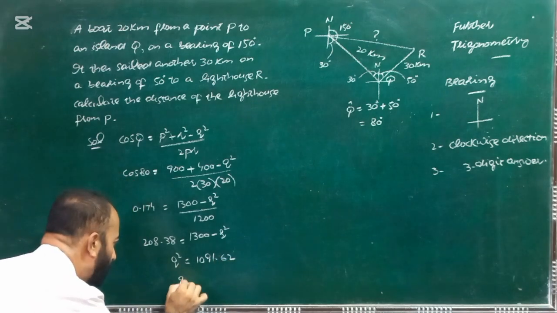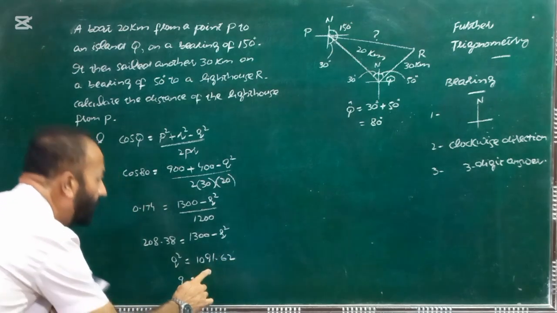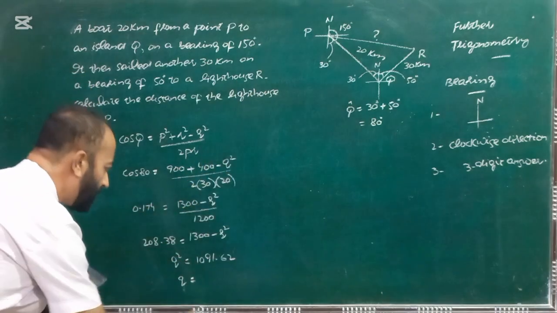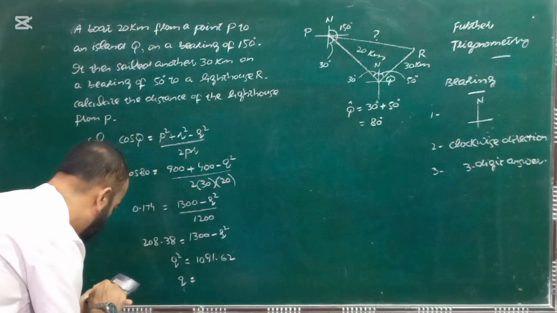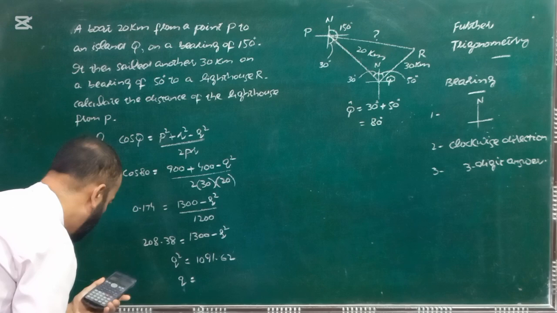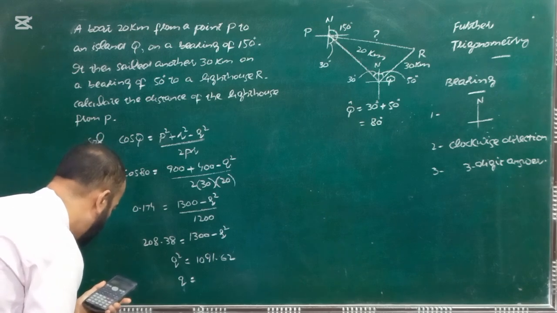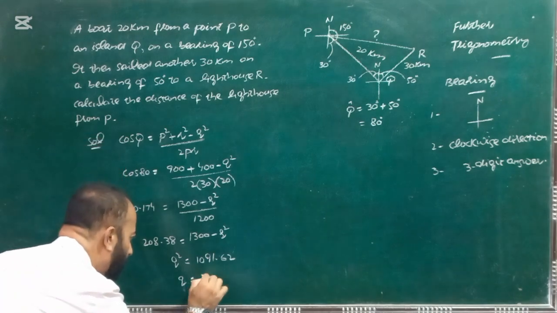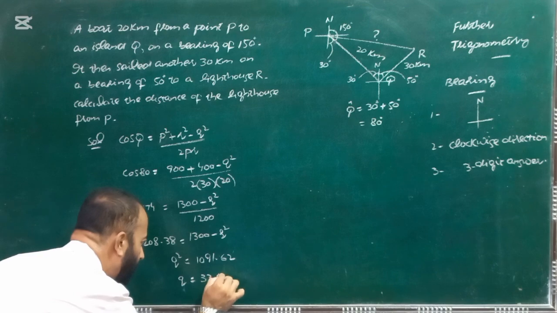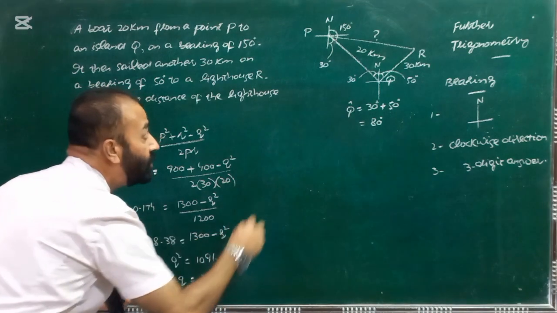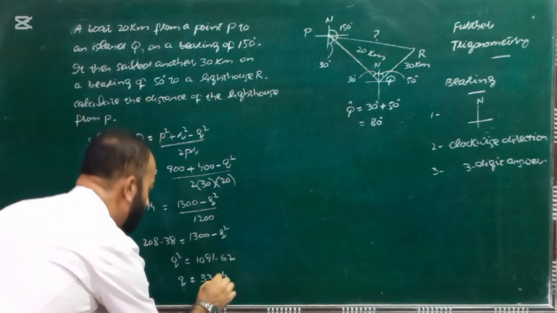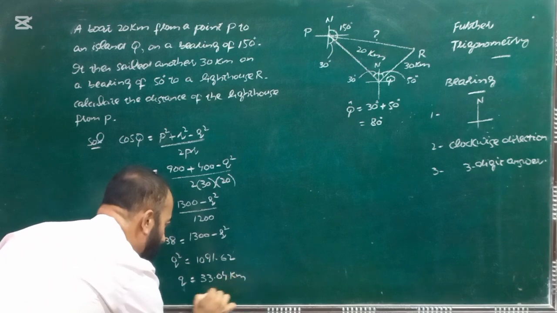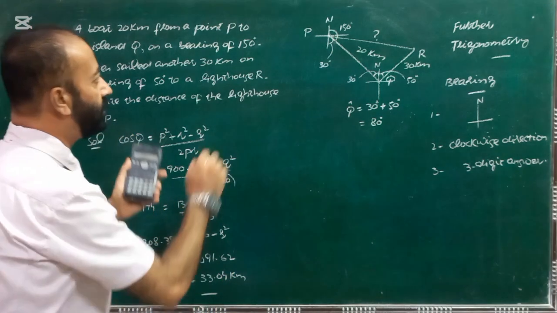Taking square roots of both sides, because a side cannot be negative, we will take the positive value only. So 33.04, because the unit used is kilometers, so this is kilometers. So this is the required answer.